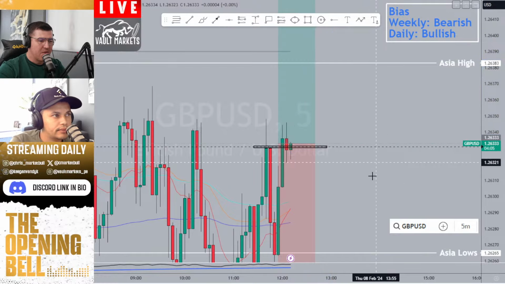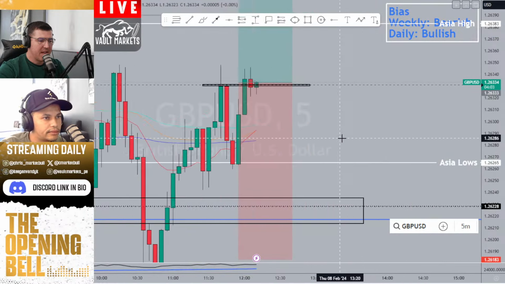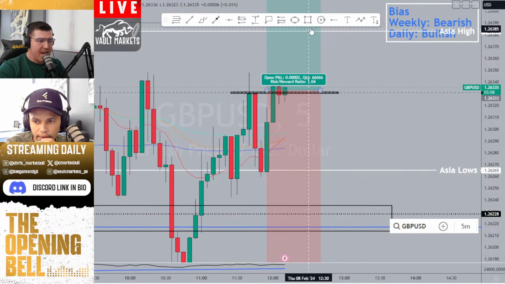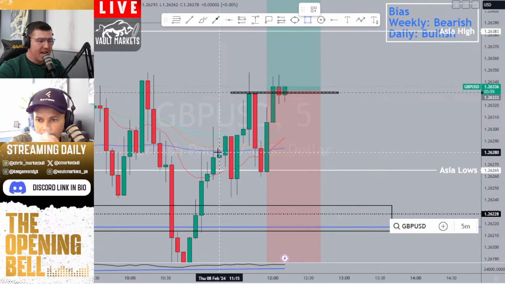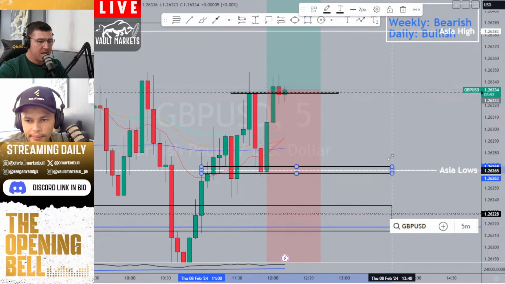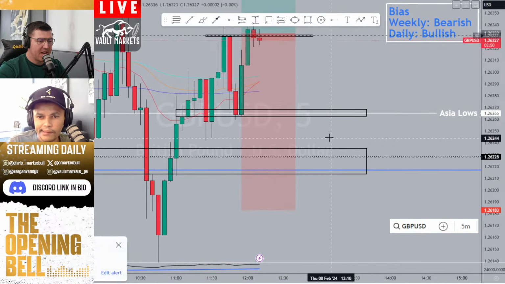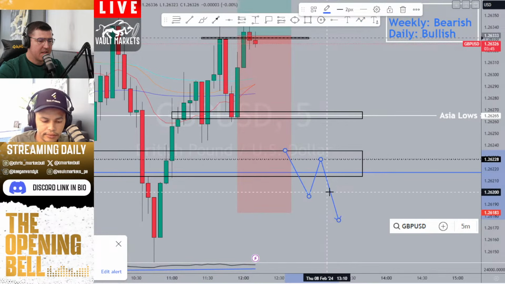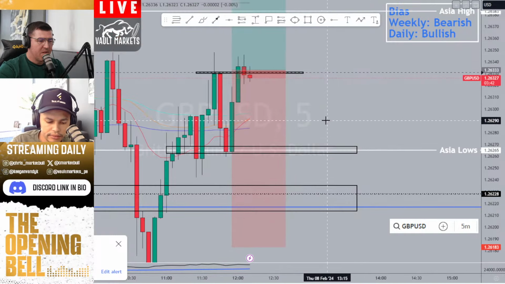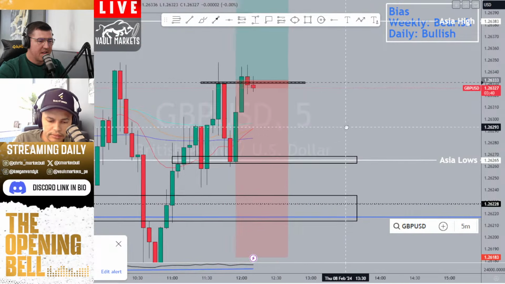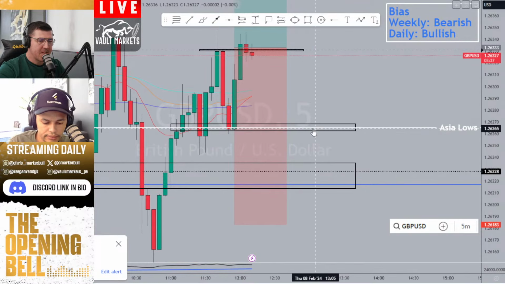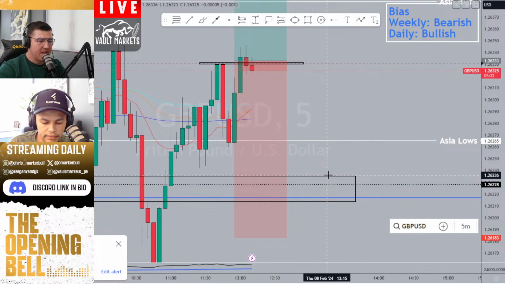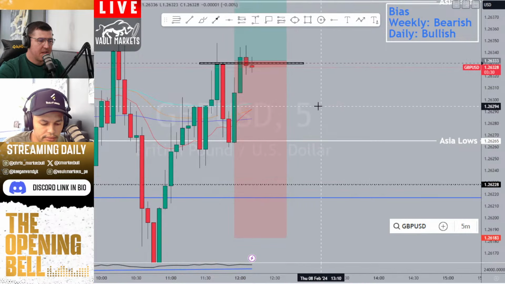How can I manage risk on this trade? The thing with this trade is that I'm not going to say it's going to be difficult to manage risk, but the invalidation level is here. It's actually down here. This is the invalidation level. If we start trading below here, something like this, but in terms of trying to kill the trade early, Asia lows and the 200 EMA, that's most probably where I'll say we'll potentially look at it.